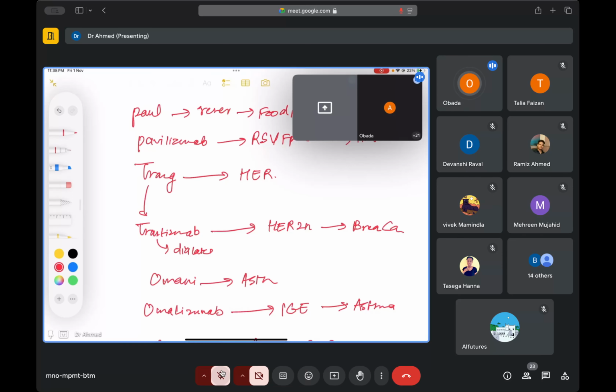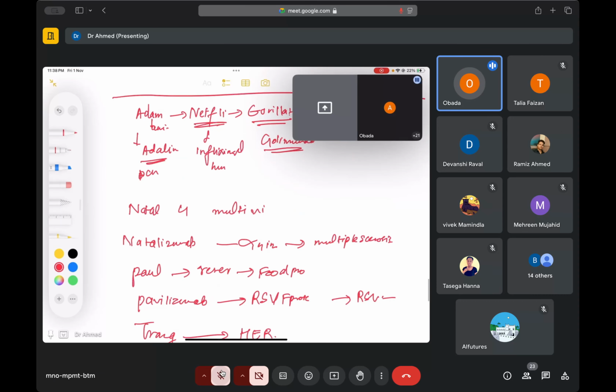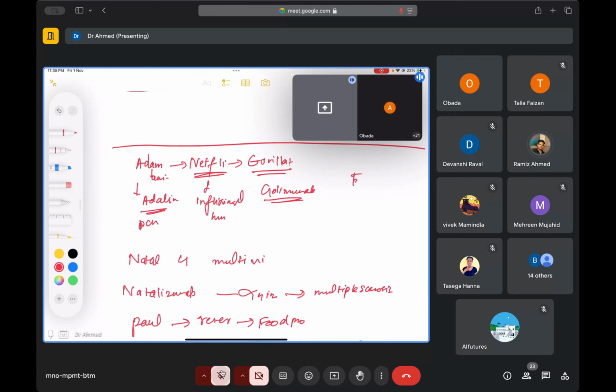What about eating your TNF? It causes TB reactivation. Etanercept.